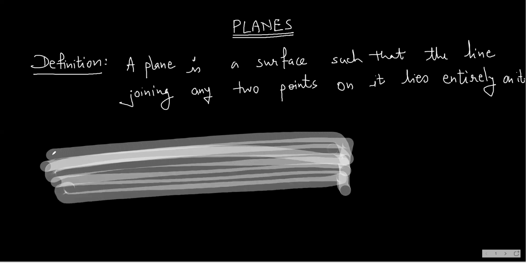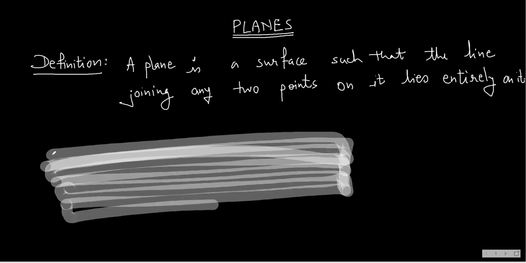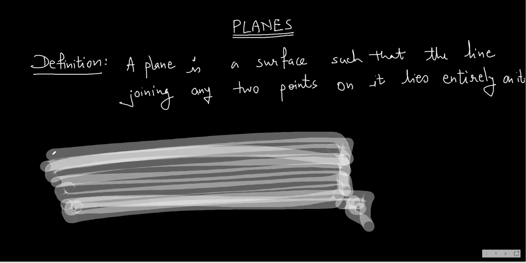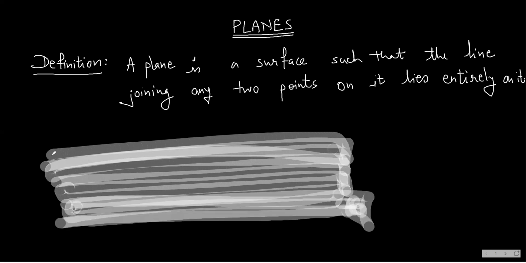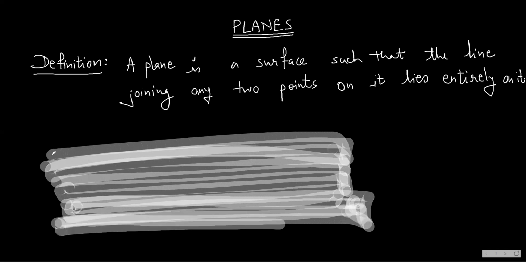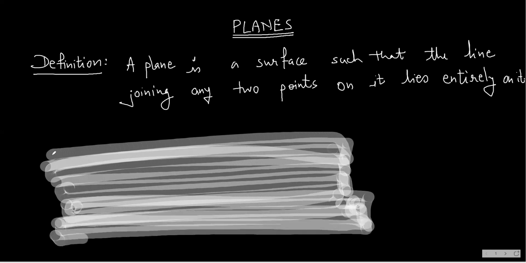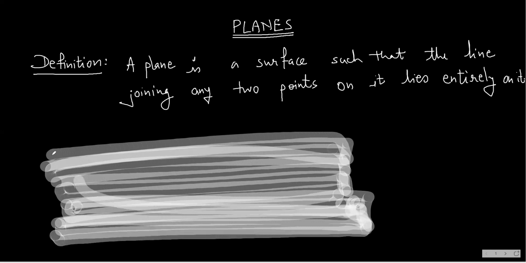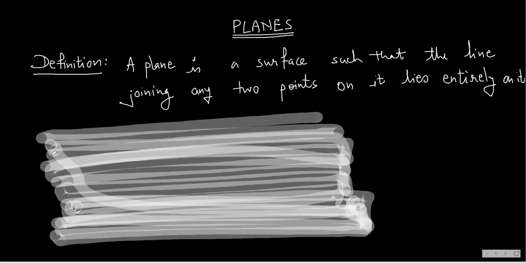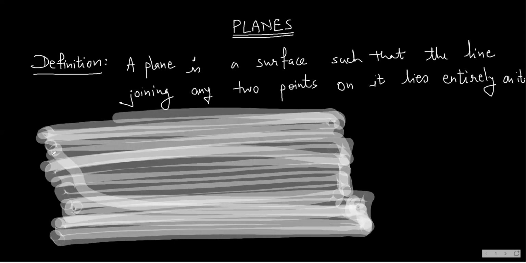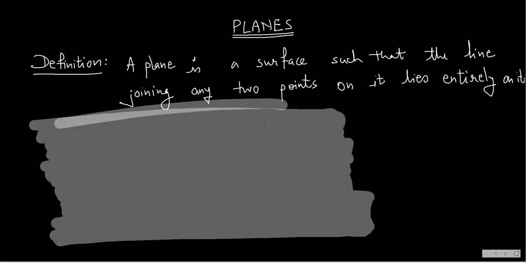So we can call this surface the plane of your screen. If you're watching this on a laptop, then it is the surface of the screen of the laptop. If you're watching it on a mobile phone, then it is the surface of the screen of the mobile phone. So what is it? It is nothing but a plane.